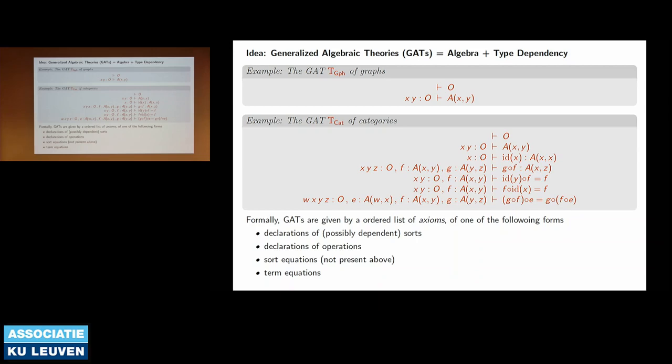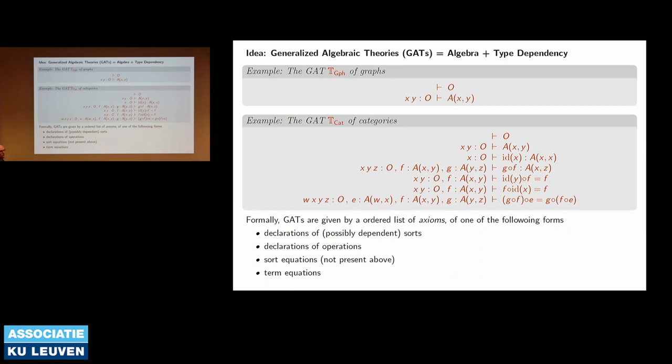We have a sort of objects. I'm going to say sort, not type. And so we have morphisms. The sorts of morphisms are presented as dependent in two variables on the objects. This way we can write the type of composition appropriately.